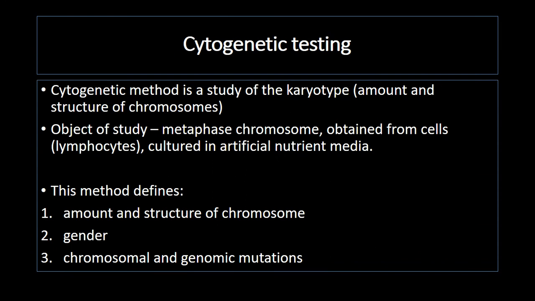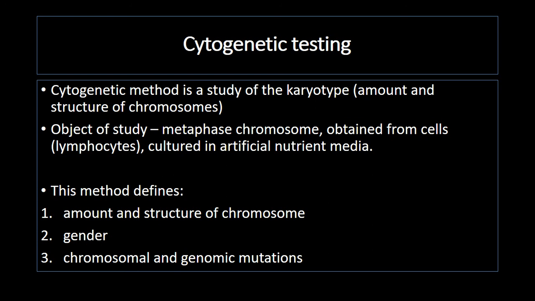Now let's talk about another test and another diagnostic method of human hereditary diseases. It is cytogenetic testing. Cytogenetic method is a study of the karyotype. We can study the amount and the structure of the chromosomes.